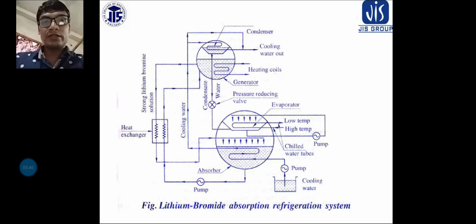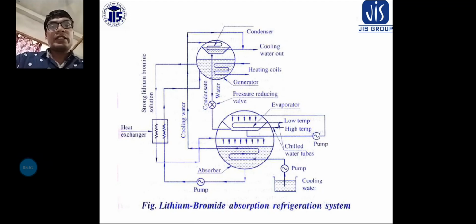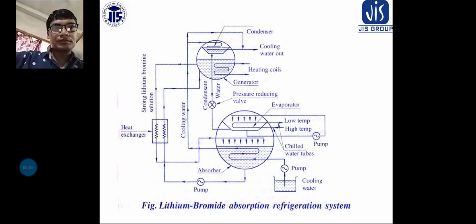This weak solution comes back to the absorber again through the heat exchanger. The refrigerant that is converted into vapor goes from the generator to the condenser, where it is condensed, changing phase from vapor to liquid.